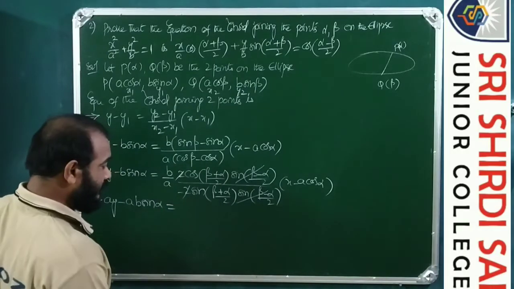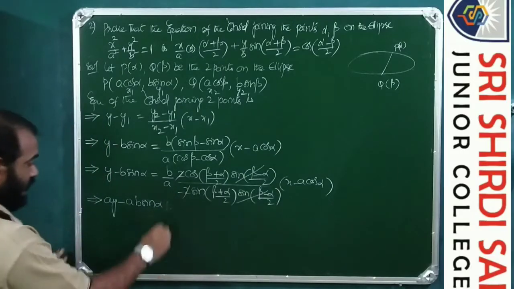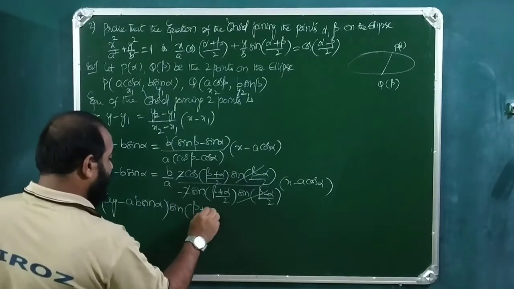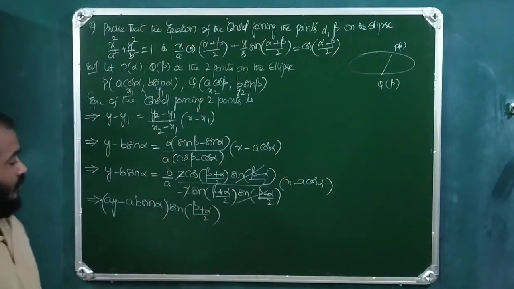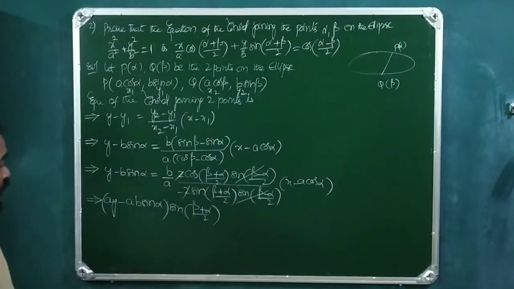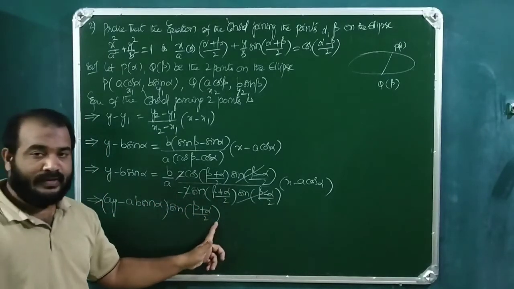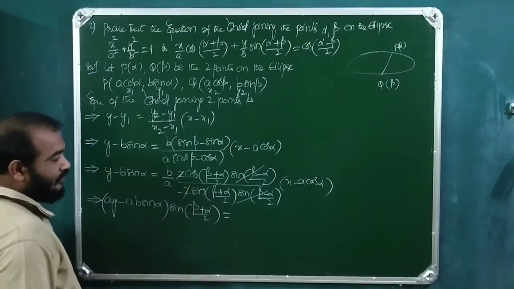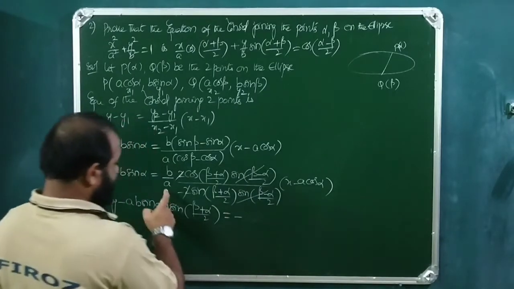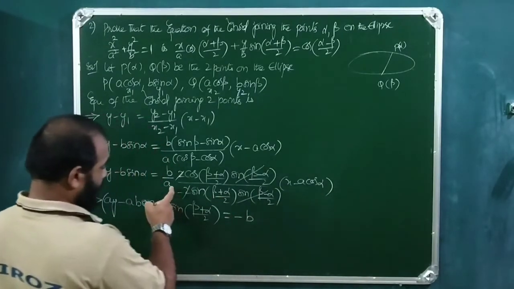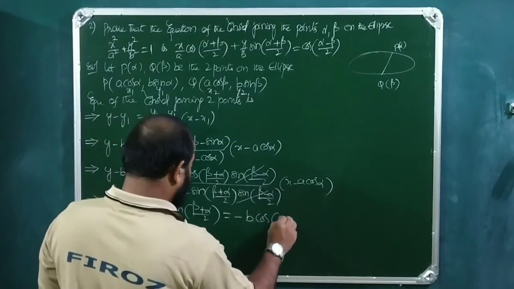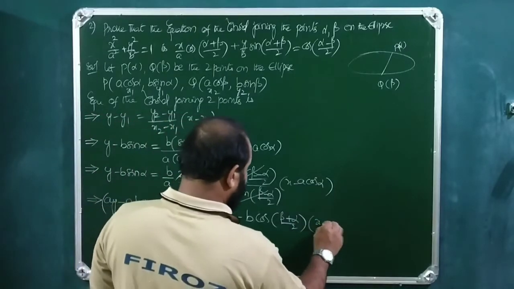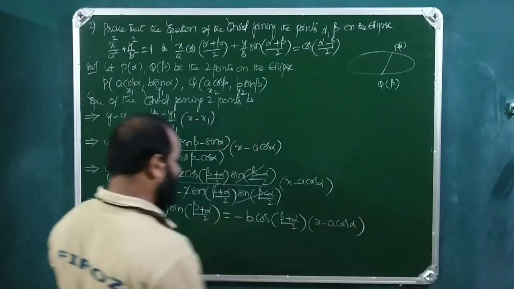into sin (beta plus alpha) by 2 also. So this is a sin (beta plus alpha) by 2 into this, I just cross multiplied, is equal to, minus b cos (beta plus alpha) by 2 into x minus a cos alpha.